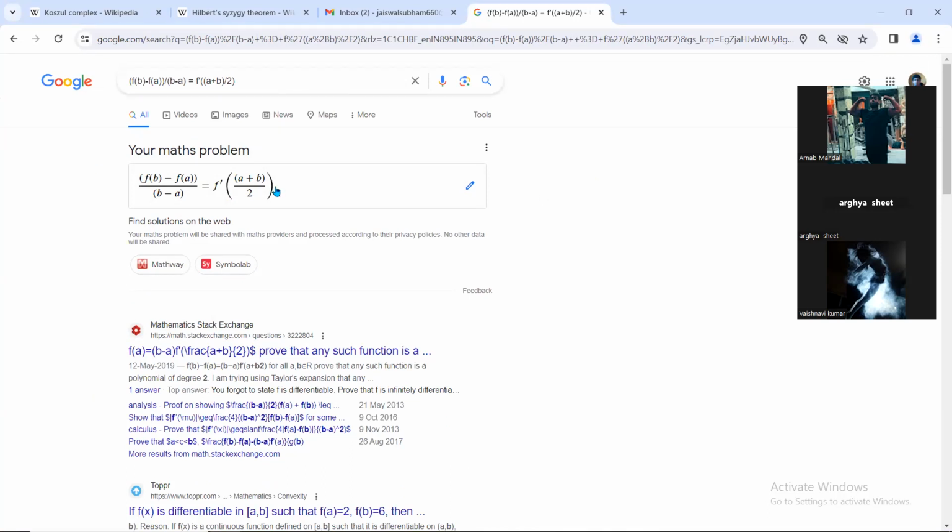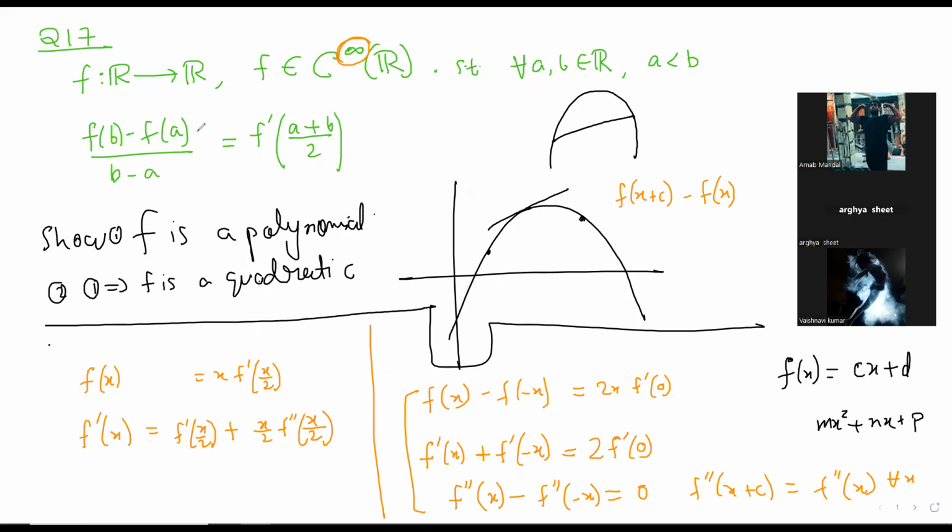So what I'm saying is that if you just assume that f is singly differentiable, then also you are done, right? Because the multi-differentiability automatically comes. You just differentiate it, and then the second derivative will exist because it's equal to the first derivative. You automatically get that f is infinitely differentiable.